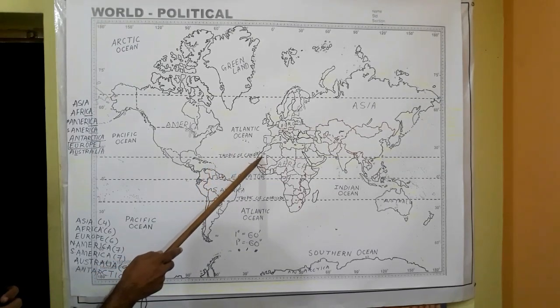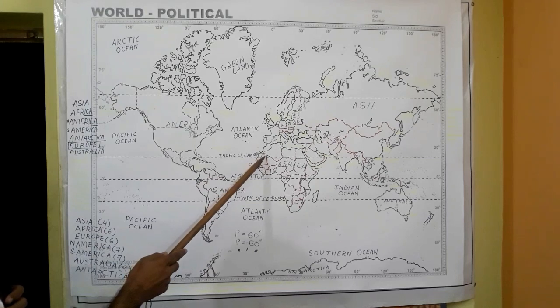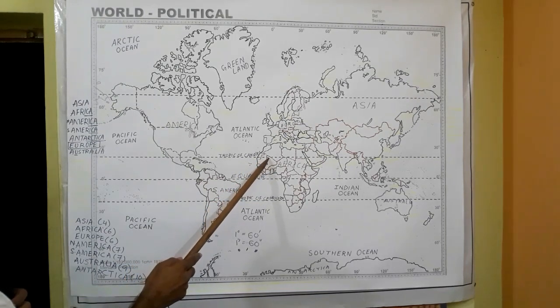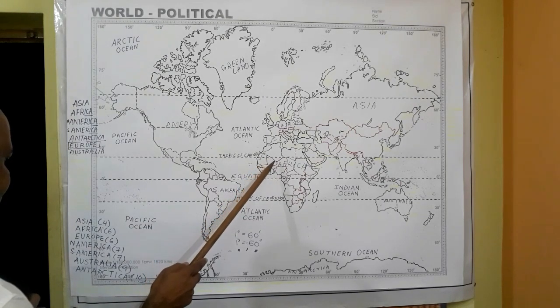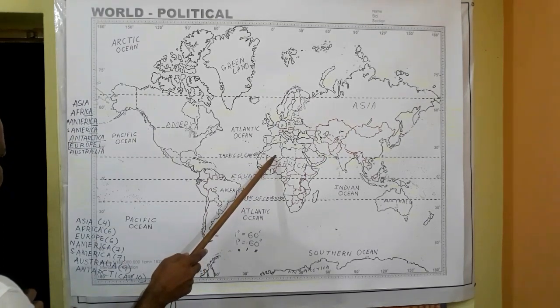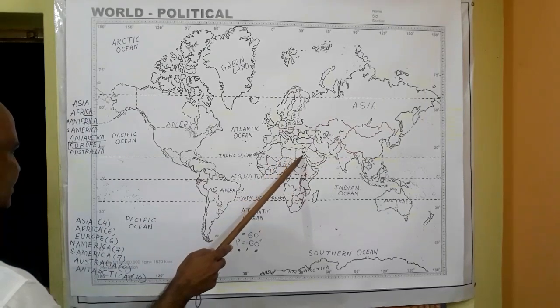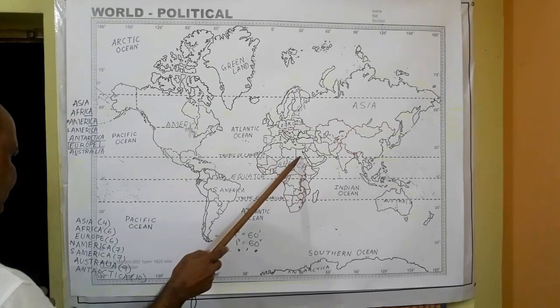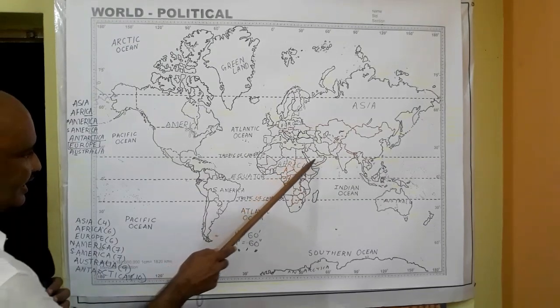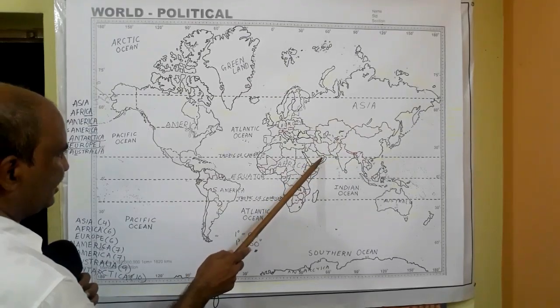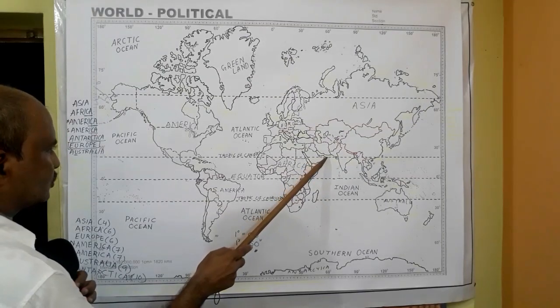After that Mauritania, after Mauritania Mali, after Mali Algeria, we have Libya, we have Egypt. These are all African countries. And then it enters Saudi Arabia, then UAE, and then comes Oman.